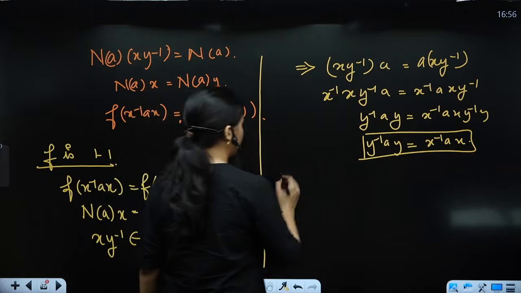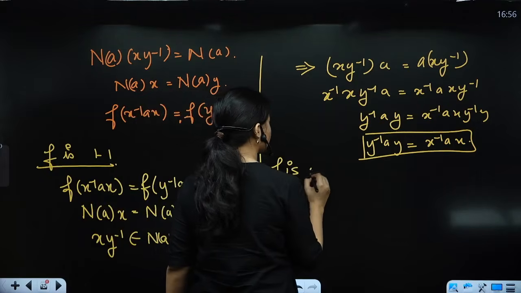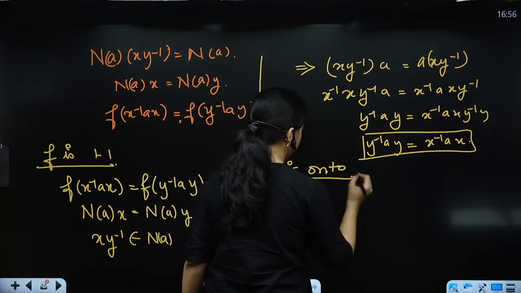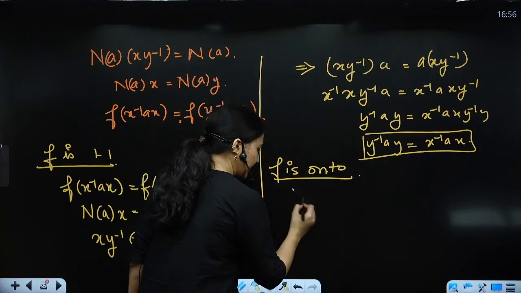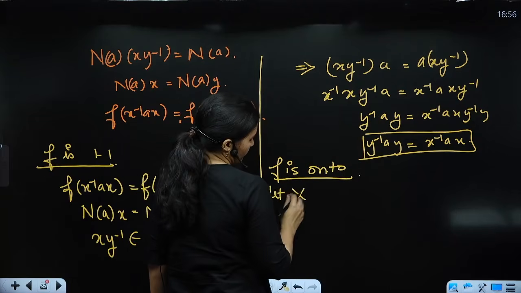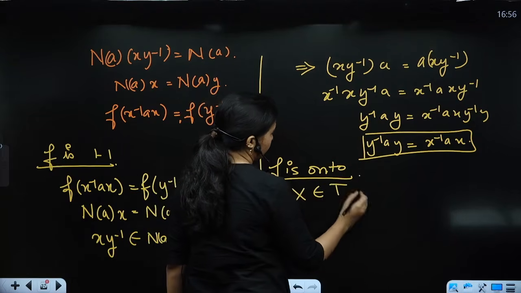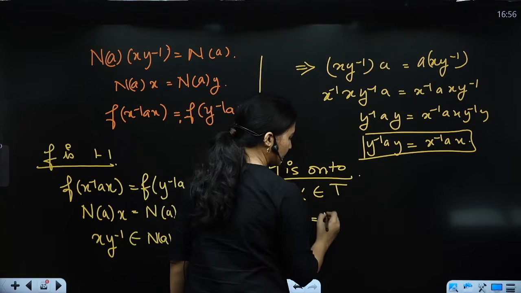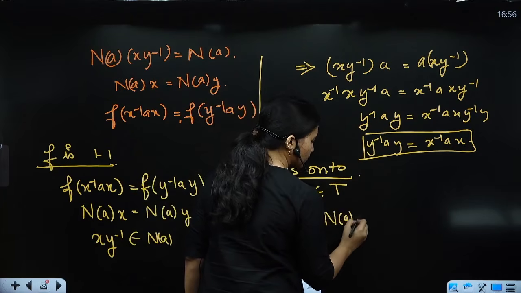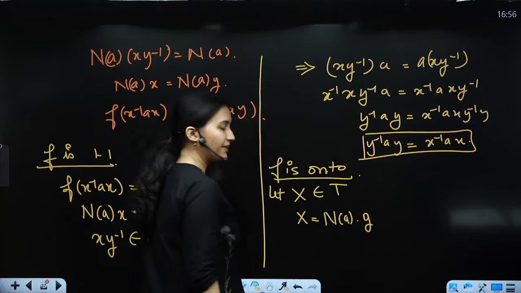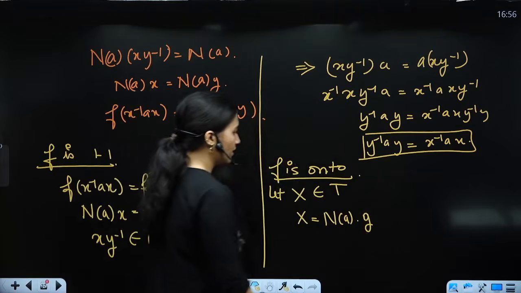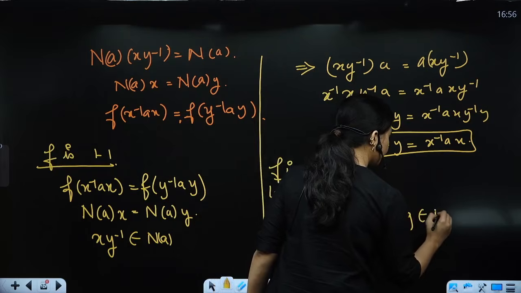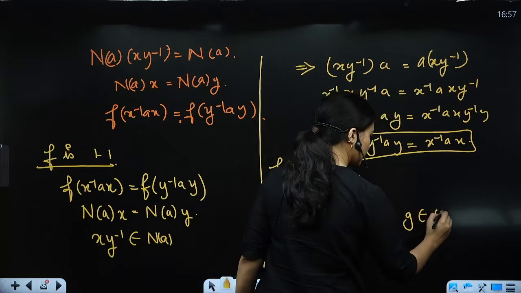Now finally, for f is onto. So f is onto is very easy. Just take any element, let y belong to the codomain, sorry, x. So x is going to be equal to some coset for some element g, right, where g belongs to the group.